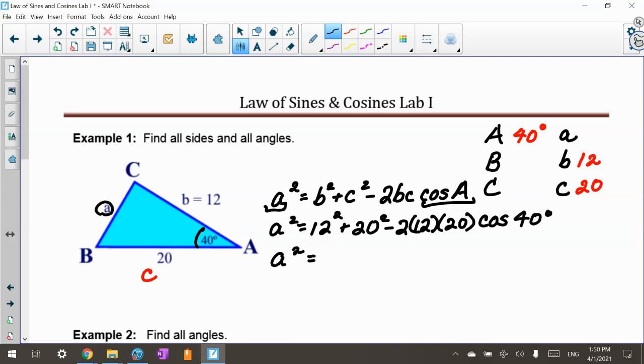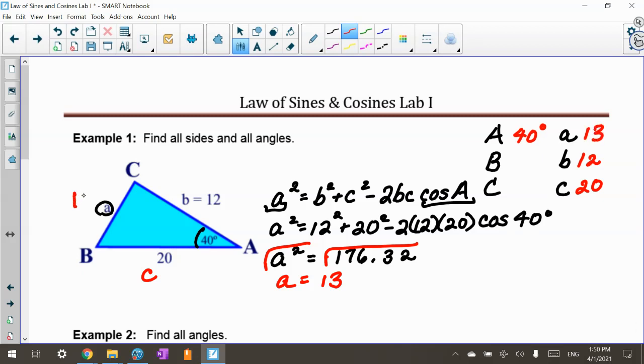And when you do, you're going to get something like 176.32. Then you take the square root of that. I'm rounding to whole numbers because these are whole numbers, so A comes out to be 13. So now I have side A is 13.